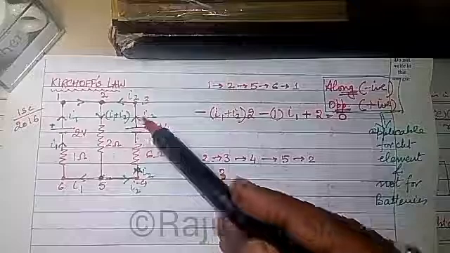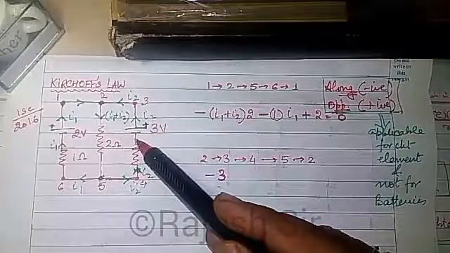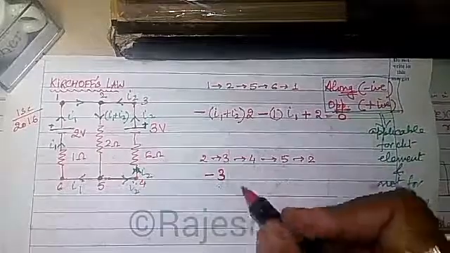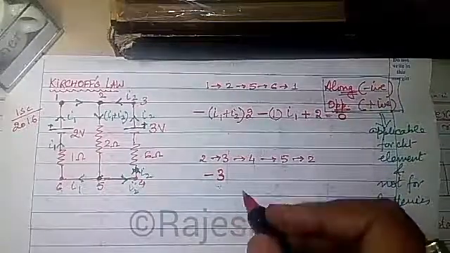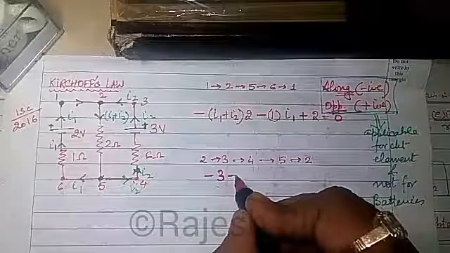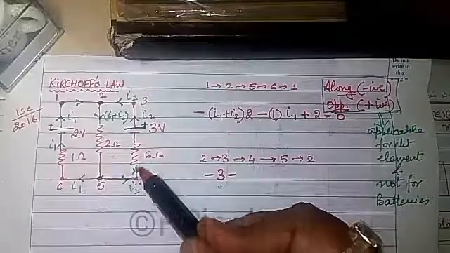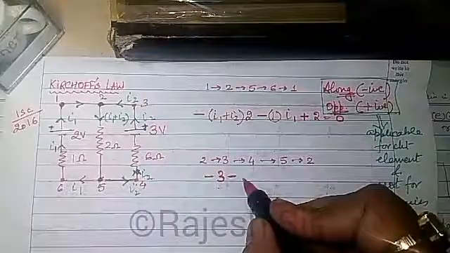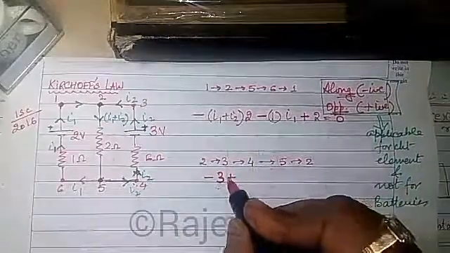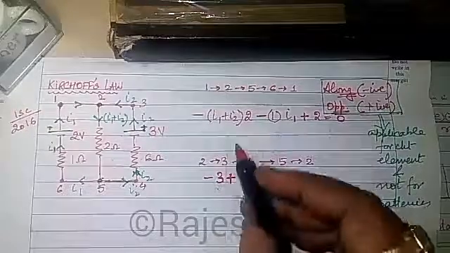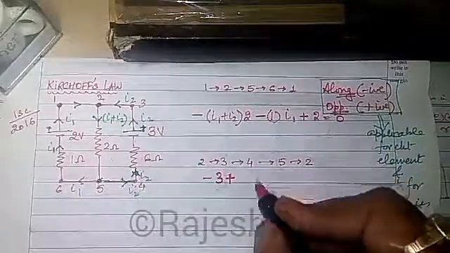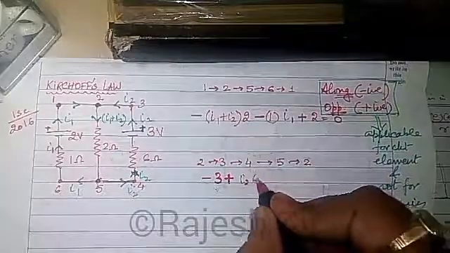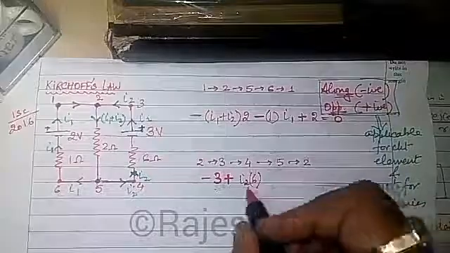Now when I go from 3 to 4, I am going to go through this resistor of 6 ohm. Again remember it's a circuit element, so I am going to go opposite to the direction of flow. The current flows from down to up and I am moving from up to down, so whenever I go opposite, I am going to write down with a plus sign. So the potential drop will be I into R, so it will become I2 into 6.